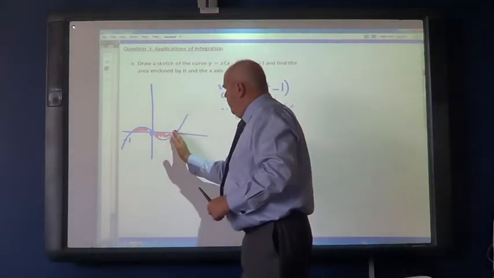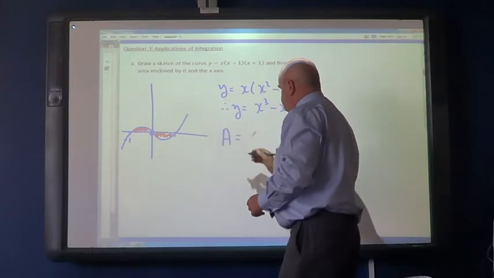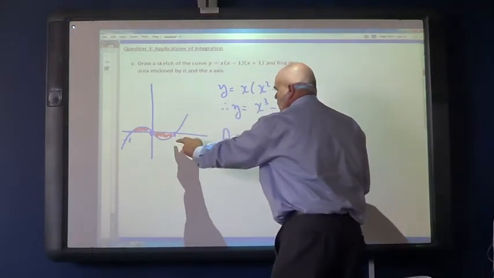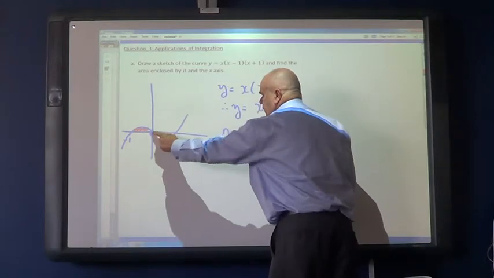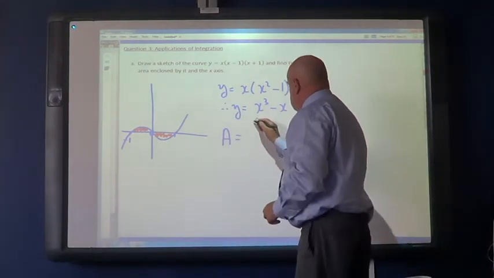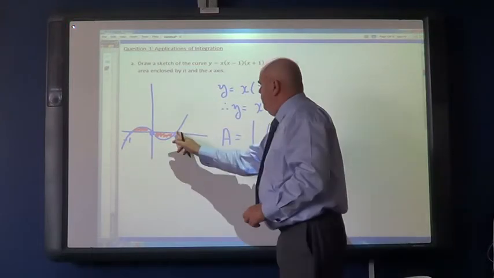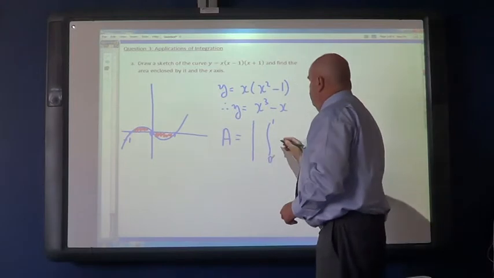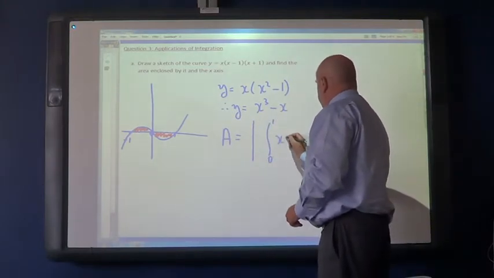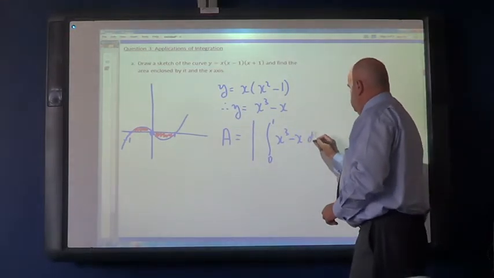Well, that's going to be fairly straightforward to integrate. We've just got to be careful with our intervals. Firstly, our area is going to be given by this. This is showing us that our area here is negative. We don't have negative areas, of course. So what we need is the absolute value of this integral between 1 and 0, and the expression is right there, dx.